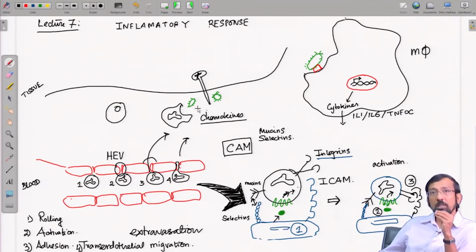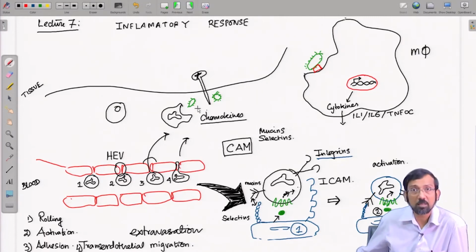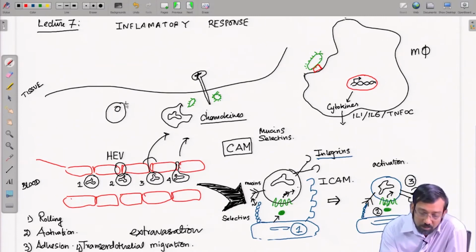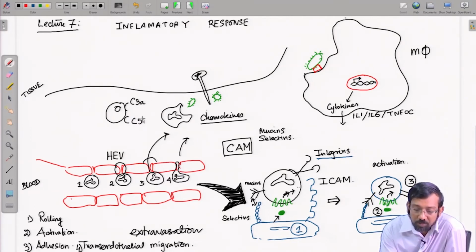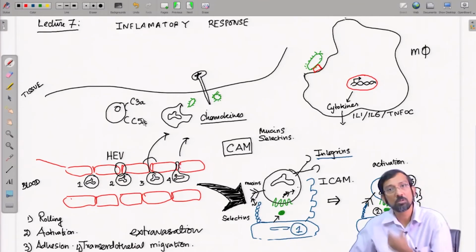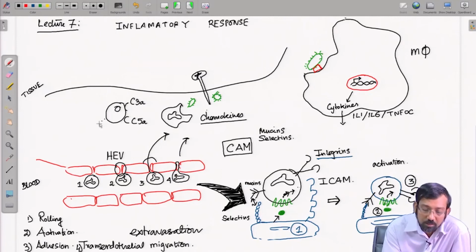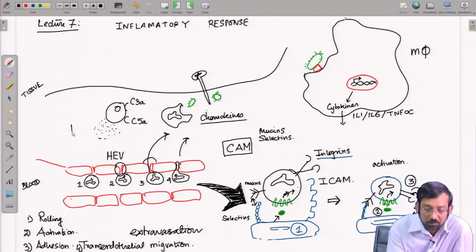So, there are complement cleaved products like C3a and C5a, which can also act as chemoattractants, and which can go and bind to the surface of the mast cells. They can also lead to the degranulation of the mast cells, leading to release of histamine.